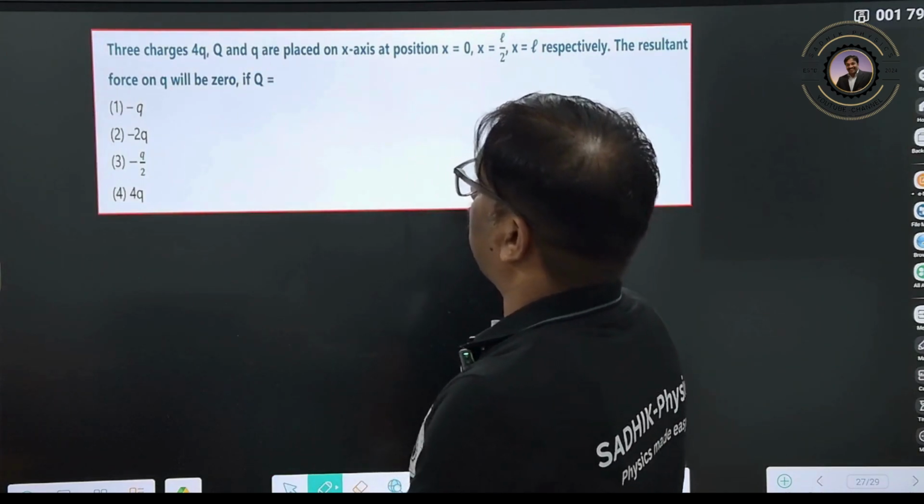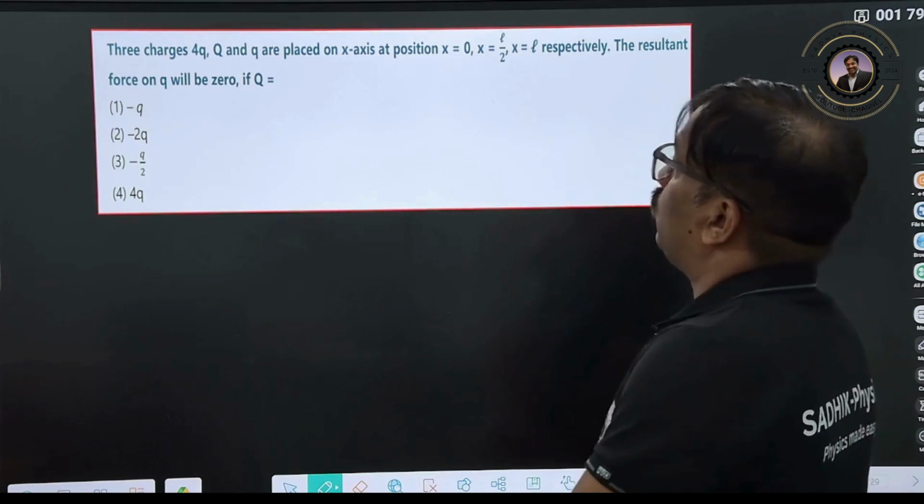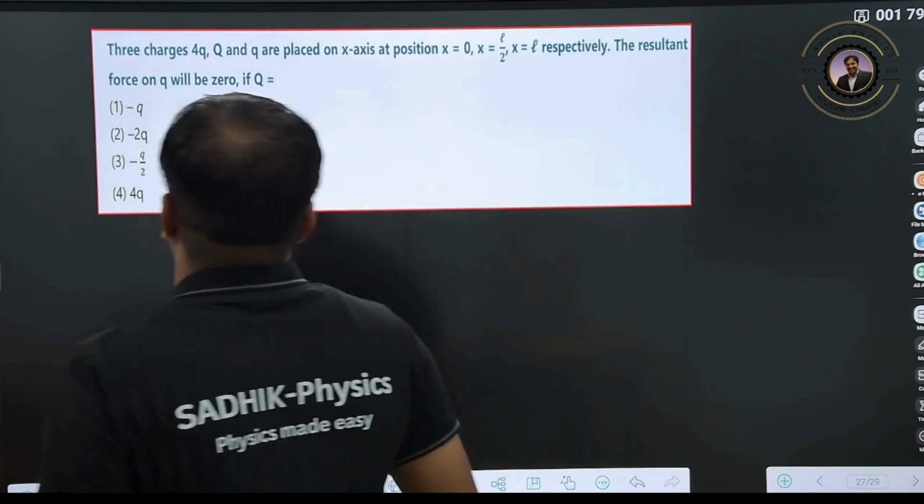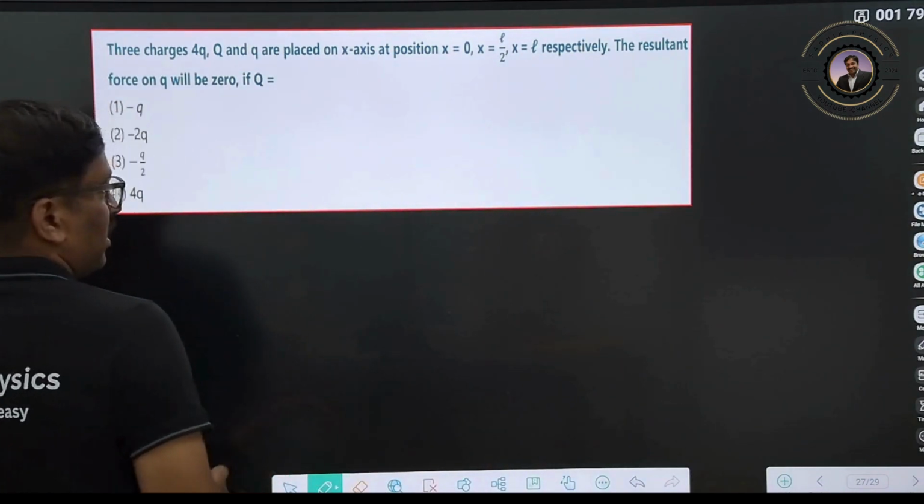So there are 3 charges, 4Q, Q and Q, placed along the x-axis. Resultant force on Q will be 0 if this is like an equilibrium concept.